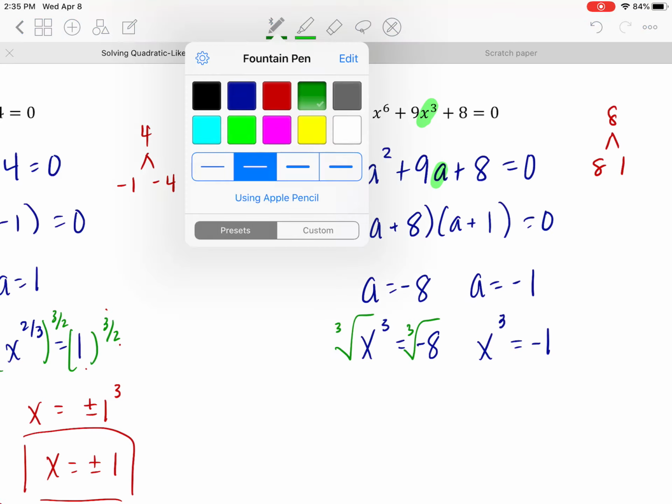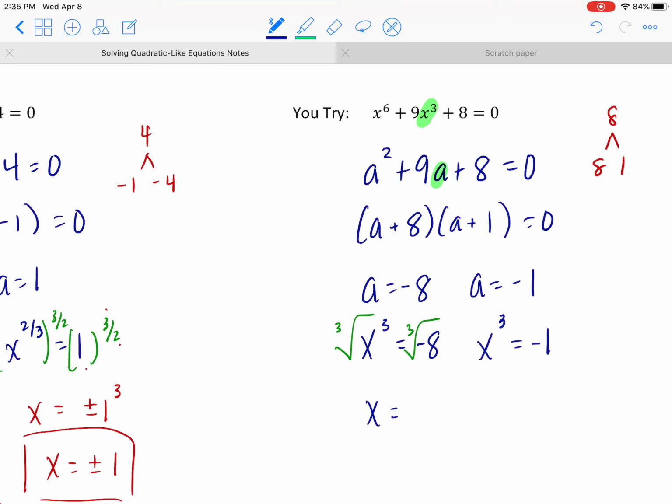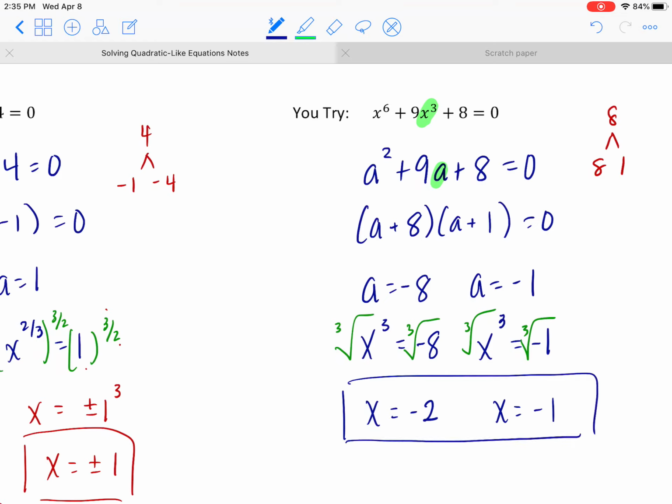And now to get rid of the cube, we take the cube root of both sides, and so x, oh my goodness, trying to color coordinate. This makes x equal, cube root of negative 8 is going to be a negative 2.